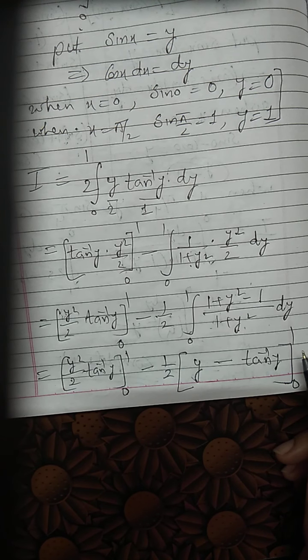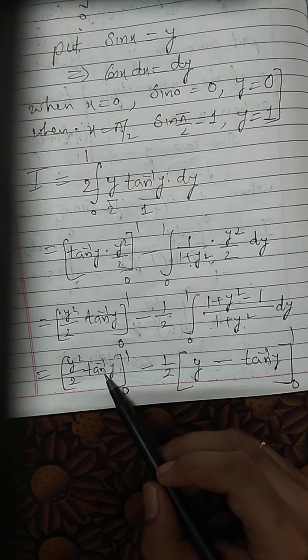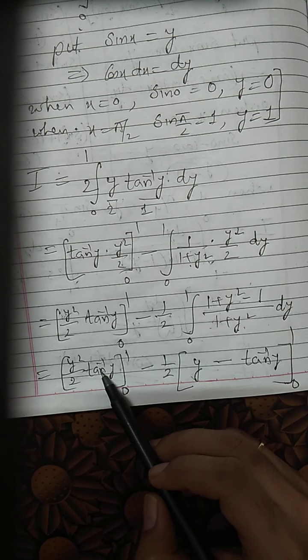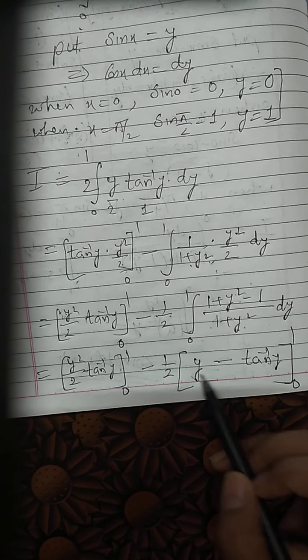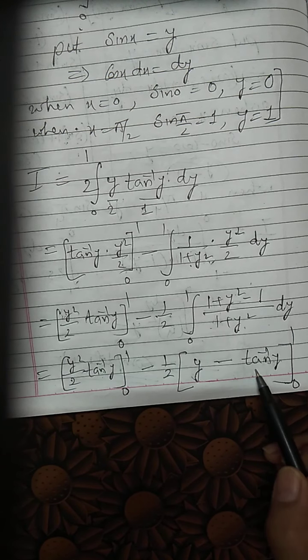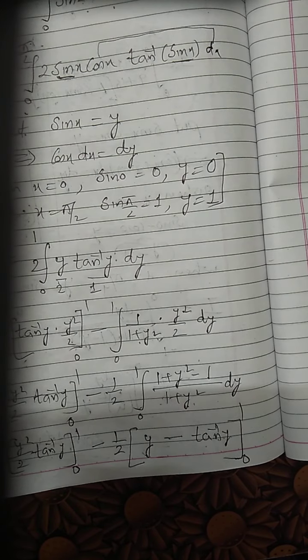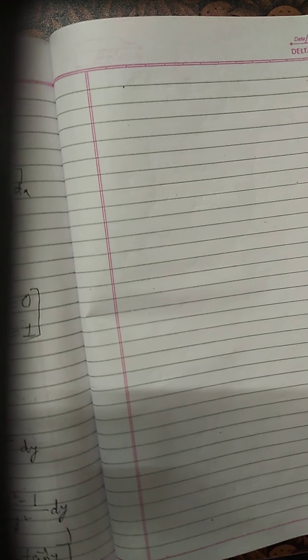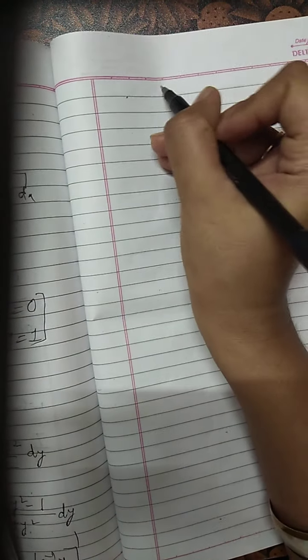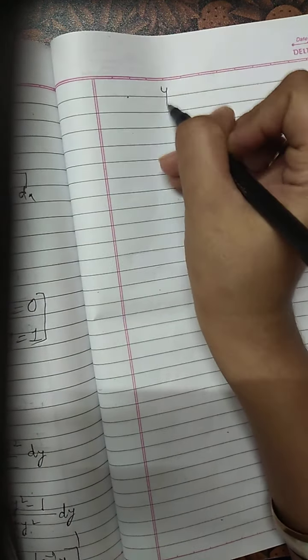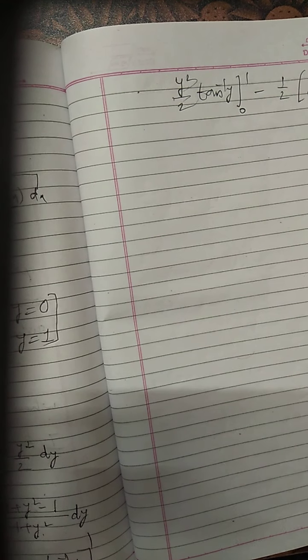We will be just putting the upper limit. So tan inverse 1 means pi by 4. Here 1 by 2 pi by 4 minus 1 by 2 into 1 minus again tan inverse 1 means pi by 4. So let us apply the limits. So what we are getting here, the first was y square by 2 tan inverse y 0 to 1 minus 1 by 2 outside, it was y minus again tan inverse y 0 to 1, right?